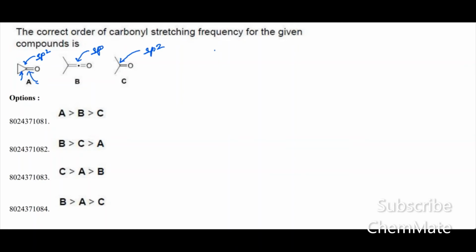So here the s character is 33% in normal sp2. In sp it is 50%. And in this compound, the s character of the orbital will be greater than 33% and less than 50%.